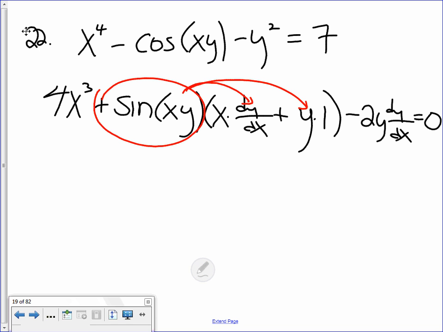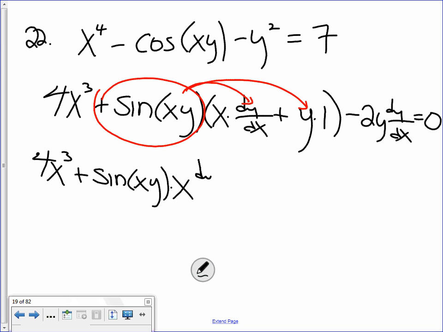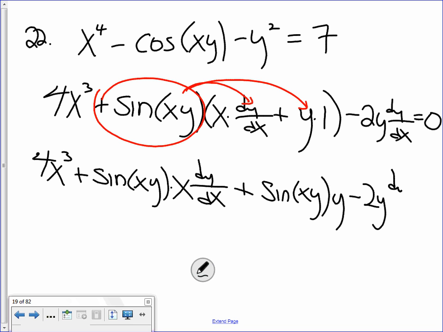So when we distribute, we have 4x cubed plus the sine of xy times x dy dx plus, now distributing to the second term, the sine of xy times y. And then we still have the minus 2y dy dx equals 0.